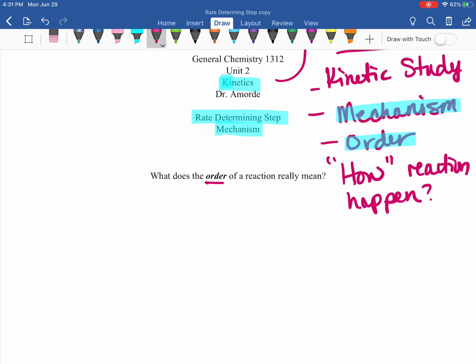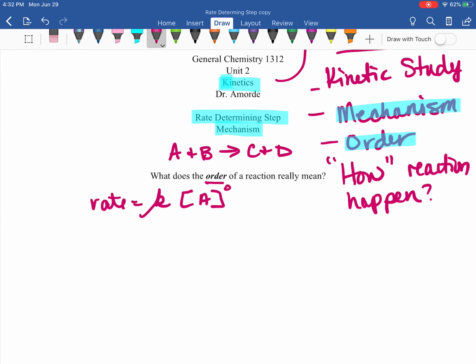What does the order of a reaction really mean? Let's start with the most basic reaction. And I'm just going to put a general one up there that we've already been looking at. So when we write our rate law, we are looking at those starting materials. Well, what if our most basic rate law is this?